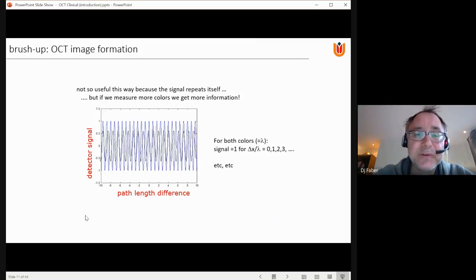That is not so useful to do imaging because the signal basically repeats itself after just a wavelength. But if you add more wavelengths, if you add more colors, you can get more information, because this condition holds for each wavelength. The condition that there is constructive interference for a multiple of the wavelength holds for each wavelength that you send into this interferometer.